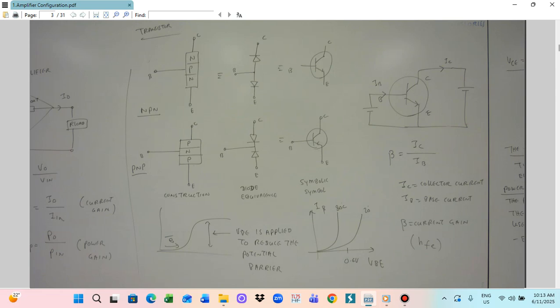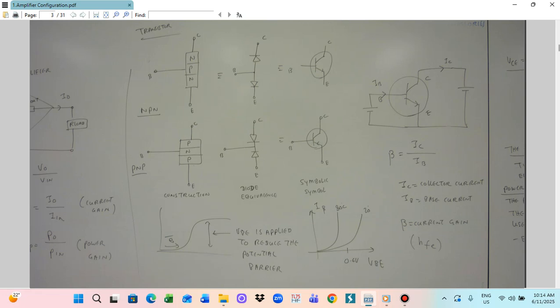Therefore, the current gain can also be calculated. Here is the transistor, with VBE, and here we supply another voltage like this. This is the base, collector, and emitter. This current is IB, and this is IC. So beta can be calculated as IC by IB.